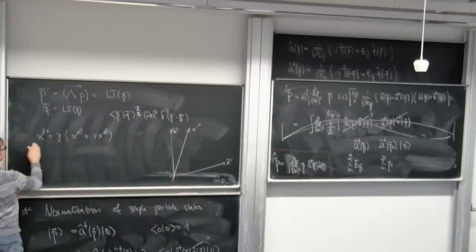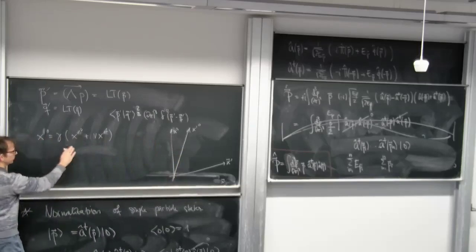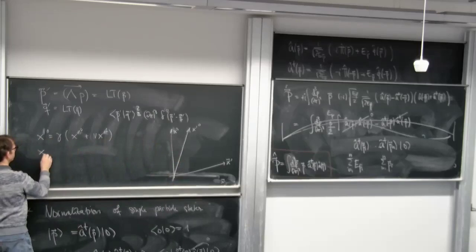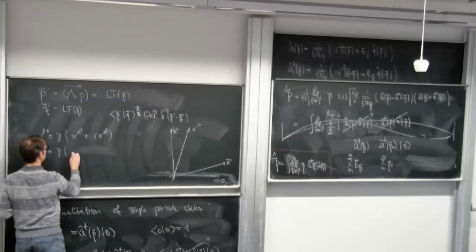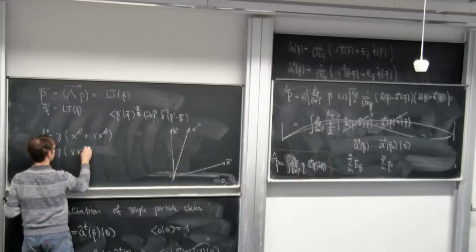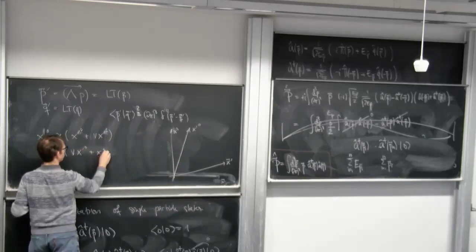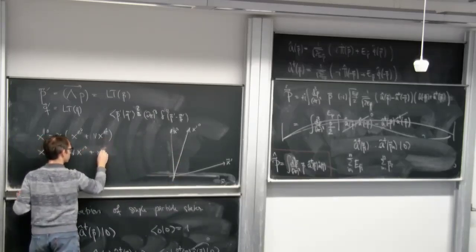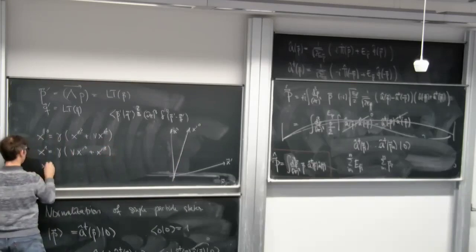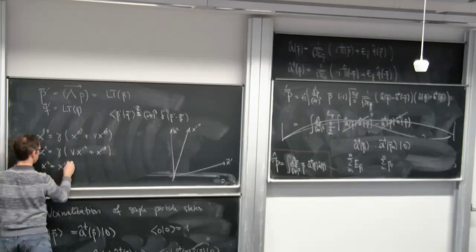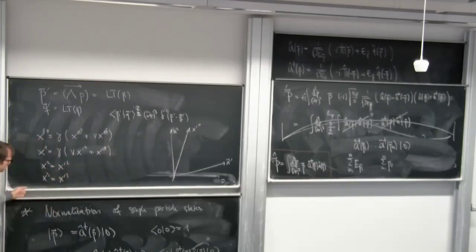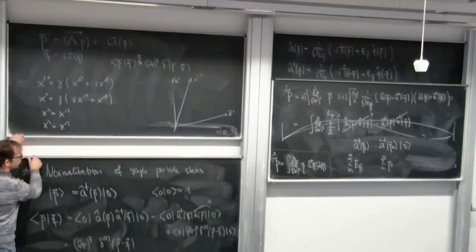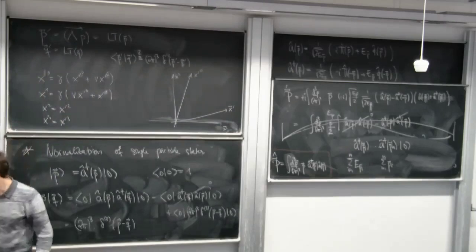This was just to figure out my sign, which is completely unnecessary. And then x1 is gamma times v x prime 0 plus x prime 1. x2 does nothing, x3 does nothing either. Now this is how my coordinates transform. How do my momenta transform?